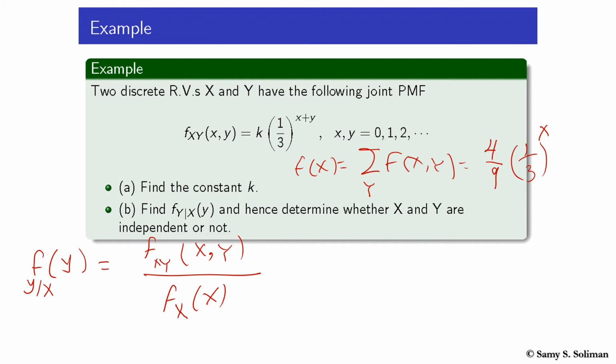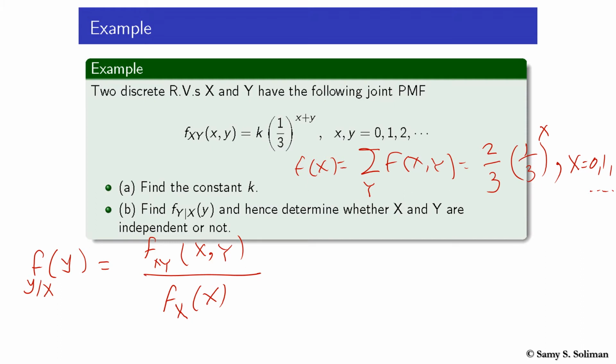The summation of 1/3 power y can be calculated as a geometric series, which gives us 3/2. So by simplification, that will be 2/3 times 1/3 power x, for all the values of x.